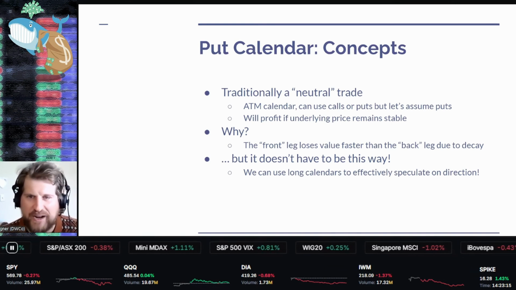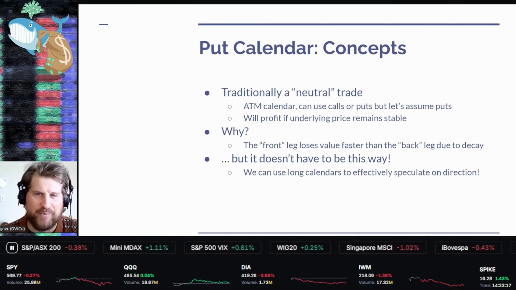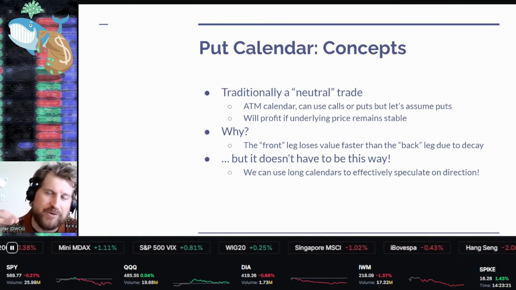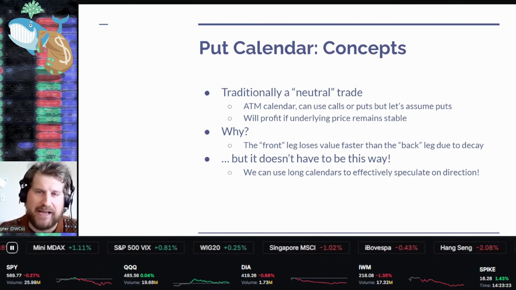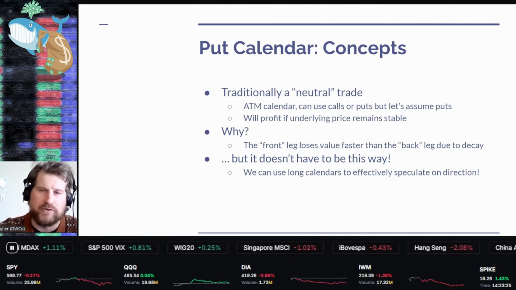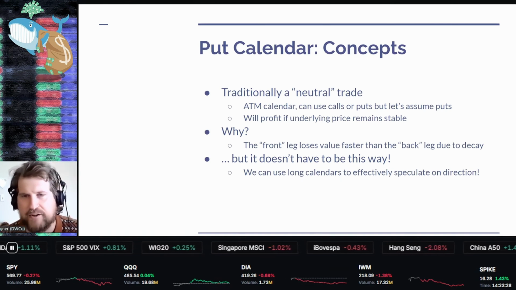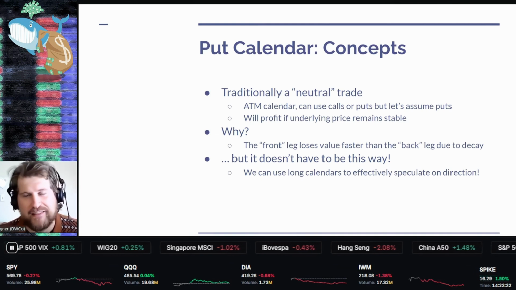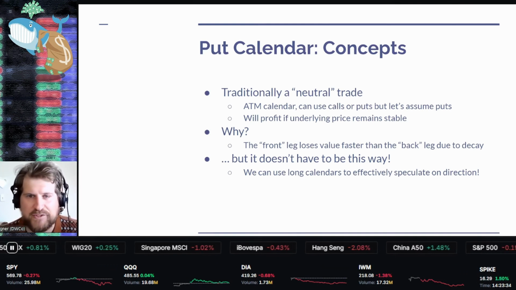But again, we're sticking to our Buffett principle, right? We're selling high and we're buying low. It just so happens that the same strike price has different implied volatilities over time in what's called the term structure. And that's another reason why I love our volatility dashboard so much.